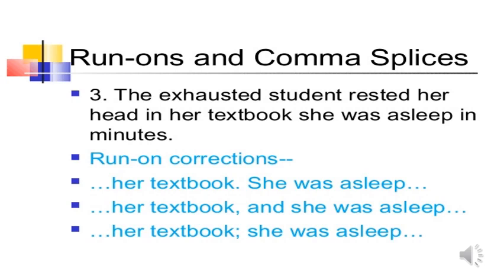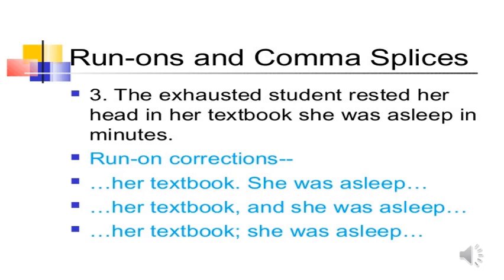Let's read this sentence. The exhausted student rested her head in her textbook. She was asleep in minutes. This is a run-on sentence. In order to correct it, we can say, the exhausted student rested her head in her textbook. Full stop. She was asleep in minutes.